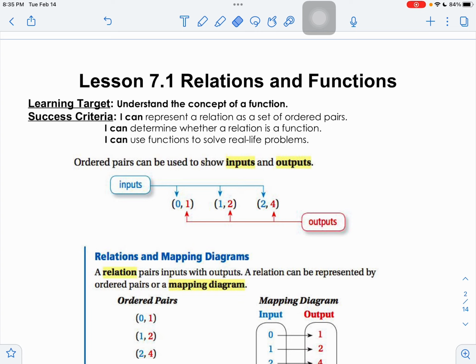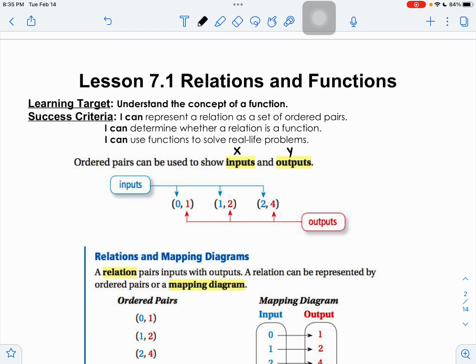Ordered pairs can be used to show inputs and outputs. Inputs are the same thing as the x values in a relation or mapping diagram, and the outputs are the same thing as the y values.